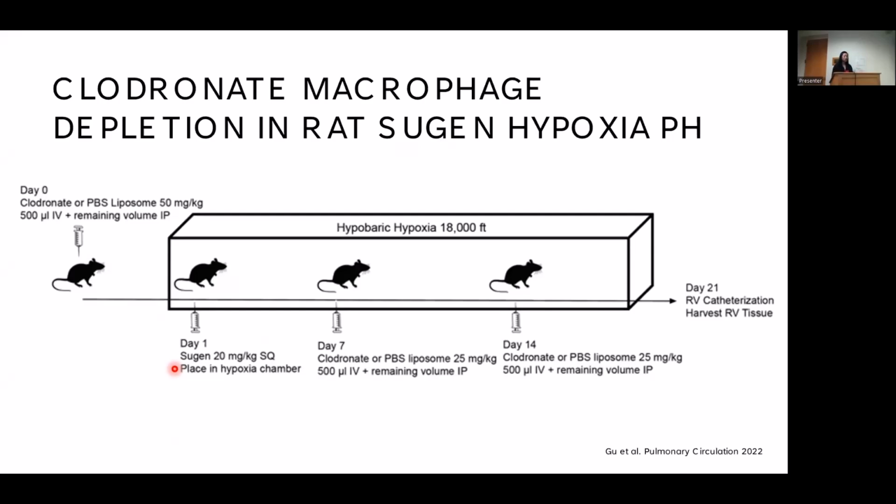So we administered clodronate liposomes to rats in Sugen hypoxia. We gave it on the first day prior to them receiving Sugen and being placed in hypoxia, and then we administered it weekly after that to maintain what we hoped was the macrophage depletion.